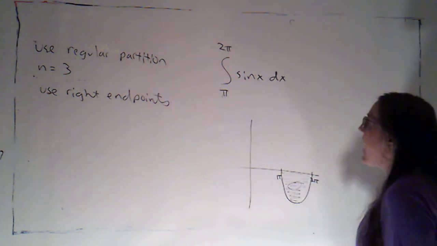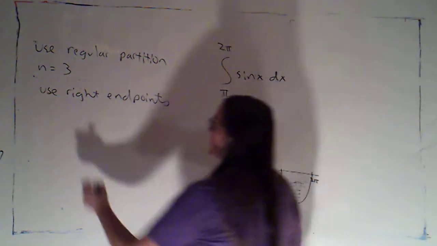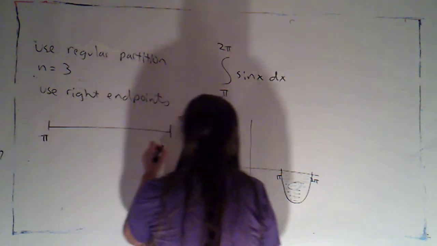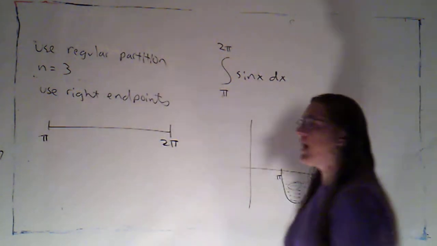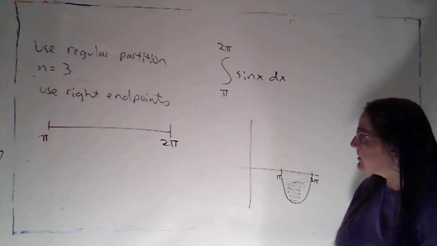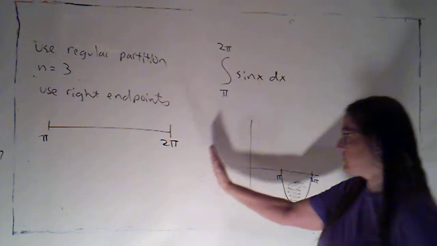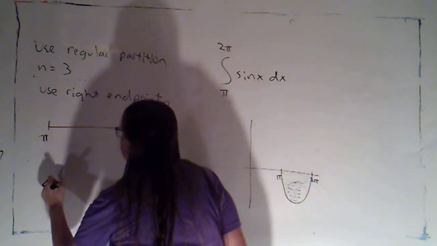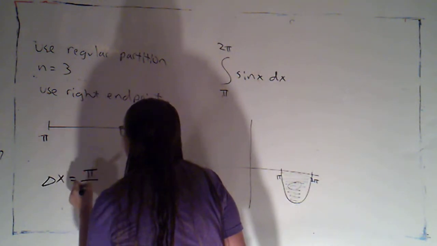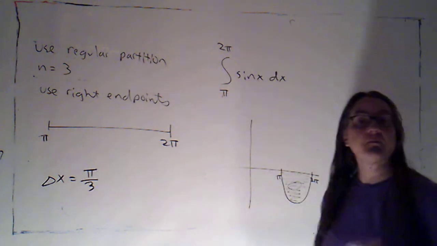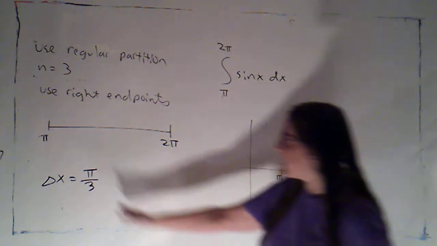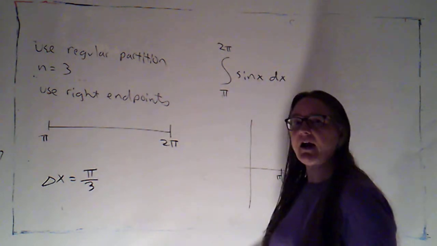Okay. All right, so I'm going to draw myself a picture of this interval from pi to 2 pi. Now the length of that interval is pi, 2 pi minus pi. So my delta x is just going to be pi, the length of the interval, divided by 3. Okay. So I'm going to start at pi and just count over by pi over 3.